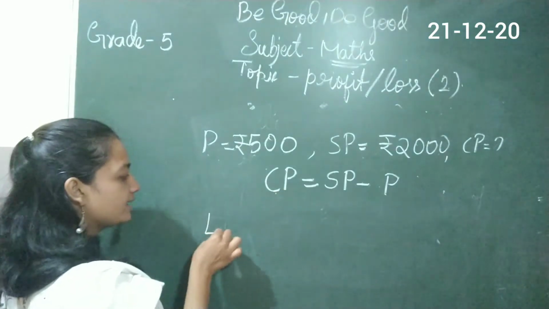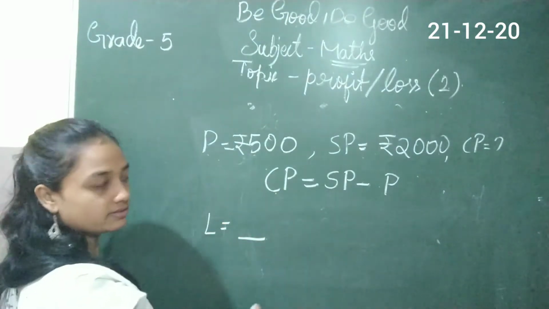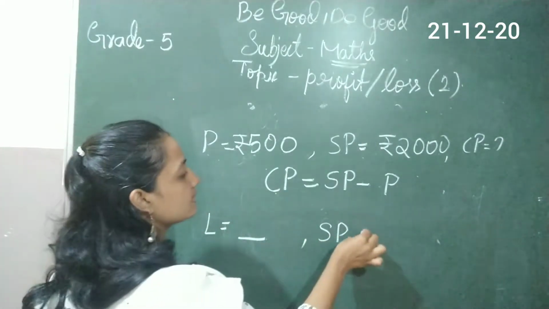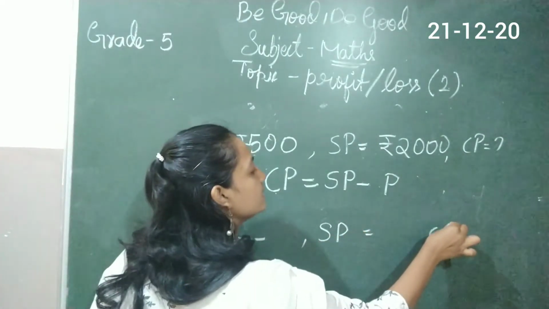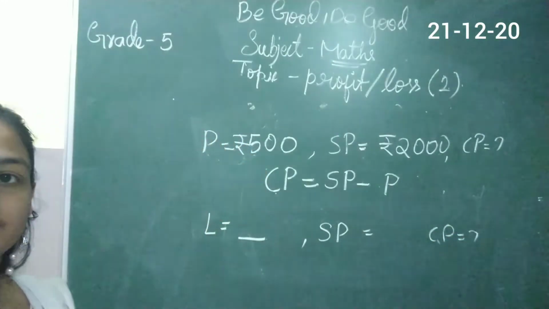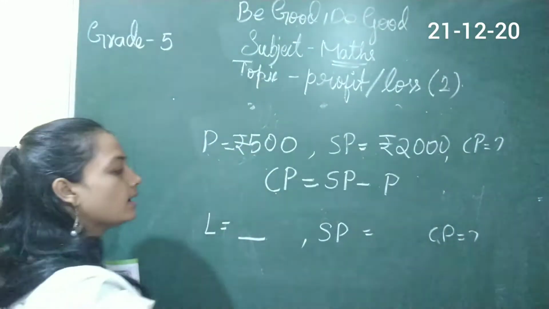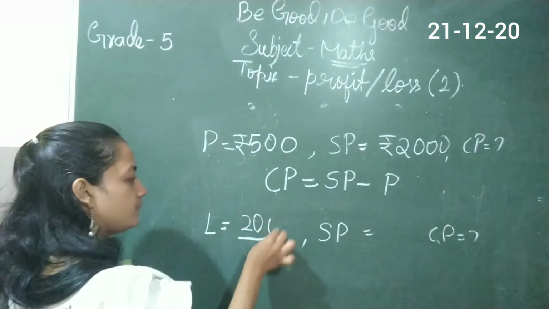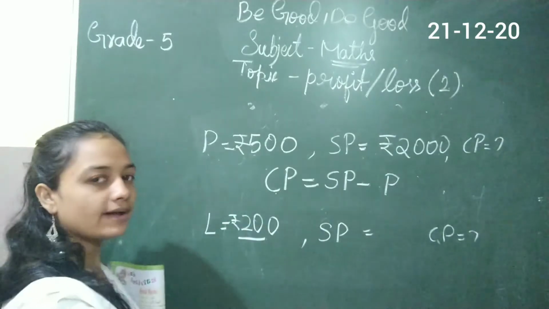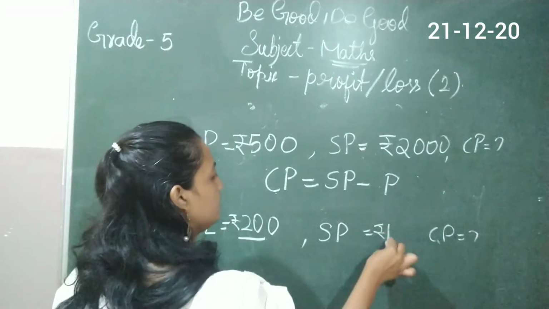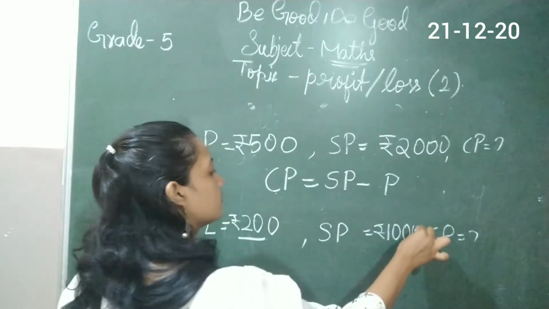Similarly, I get a loss. I give you loss and SP and I ask you to find CP. Example, I have a loss of 200 rupees and my selling price is 1000 rupees.